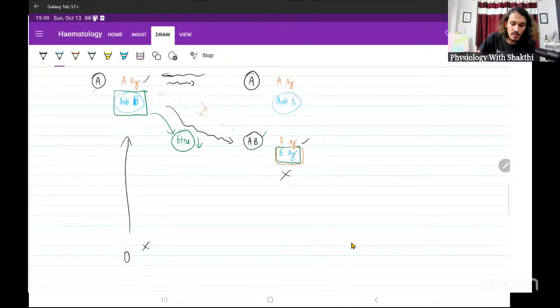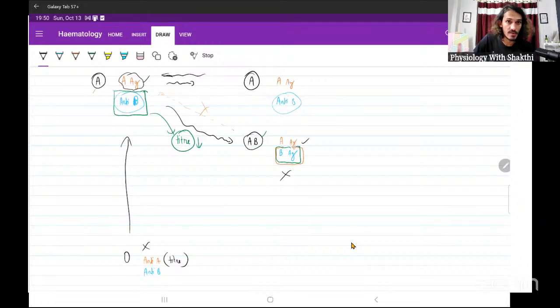But you just have to keep in mind that the person has anti-A and anti-B. Just keep that in mind. Since this has A antigen, you have to look at the titer of your anti-A, because A is taking it. Instead, if B was taking it from O, you'll have to look at the titer of anti-B.